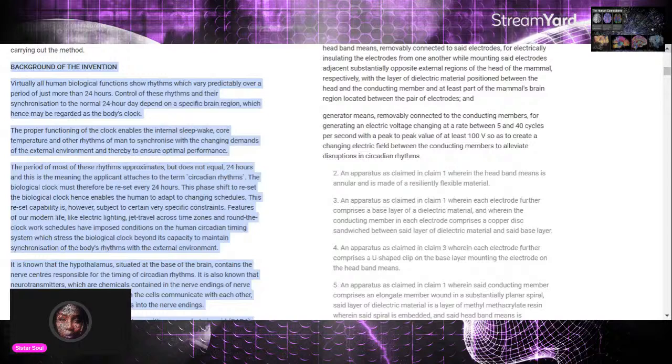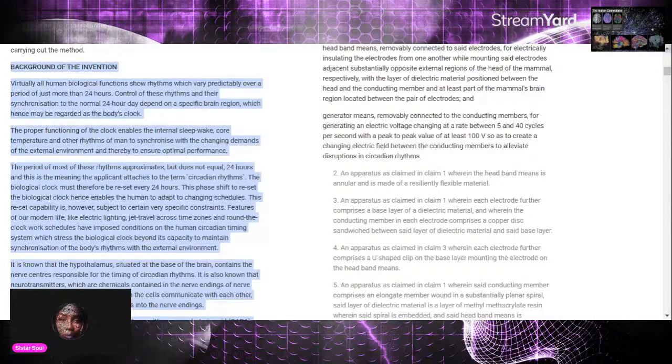It says virtually all human biological functions show rhythms which vary predictably over a period of just more than 24 hours. Control of these rhythms and their synchronization to the normal 24-hour depend on the specific brain region, which hence may be regarded as the body's clock.